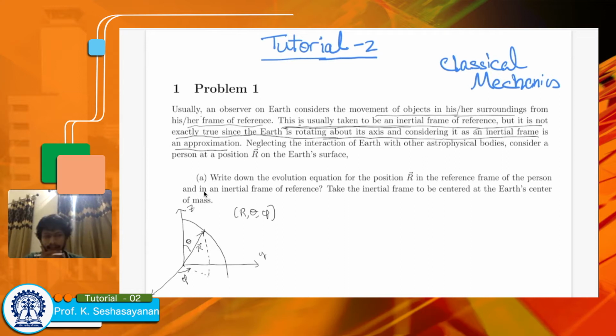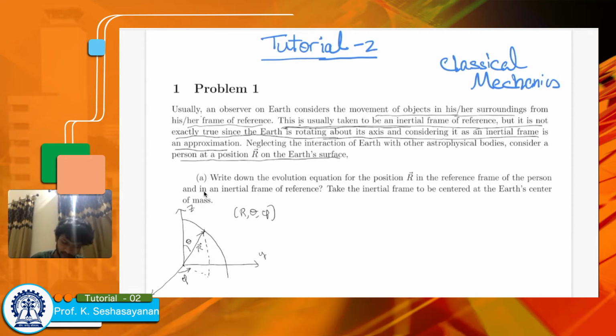So for most practical purposes, this is a good approximation, and we will see why. But in reality, it's not exactly an inertial frame of reference. Neglecting the interaction of Earth with other astrophysical objects, consider a person at a position r on the Earth's surface.